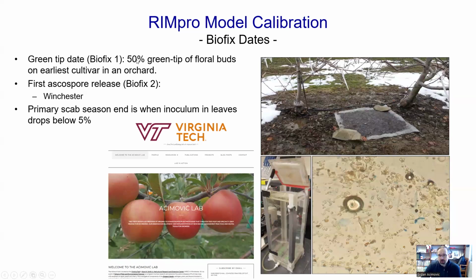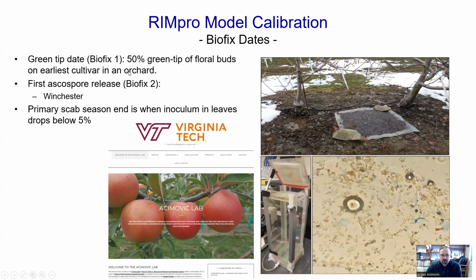We would go through the orchard doing a transect walk, and we would sample about 100 buds on about 10 trees. If we get about 50 out of the 100 that we sampled, we would call that 50% green tip. And then that date would also be a biofix you can incorporate into RIMpro.